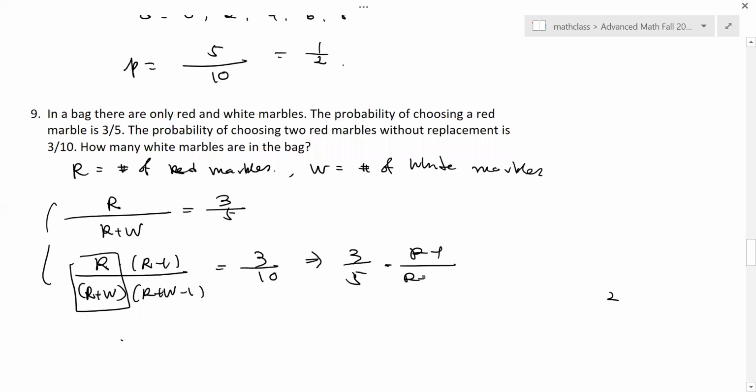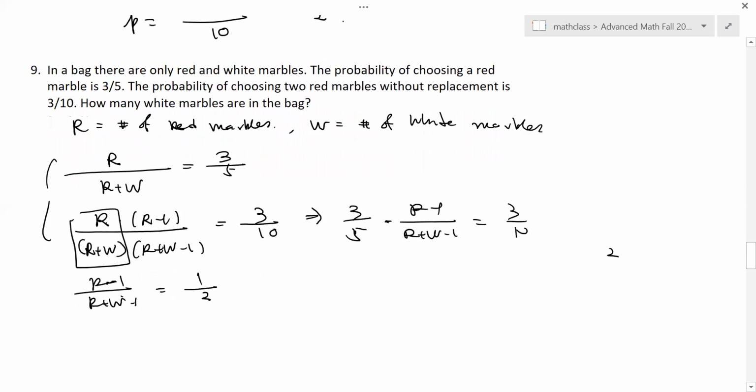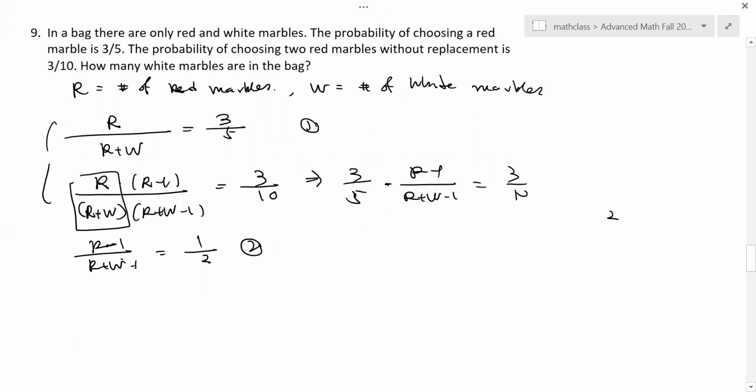After you simplify it, you will get R times R minus 1 over R plus W times R plus W minus 1, which is going to be 3/10, and that's equation 2. So you have two equations. That's the first equation, the second equation. Then you try to solve it.